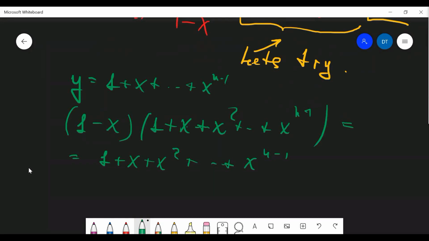When you multiply by minus x, you increase all powers by 1 and switch the sign, so you get minus x minus etc. minus x to the n minus 1 minus x to the n. You can cancel all these summands, and x to the n is 0 because x is nilpotent. As a result, you get just 1. So indeed, this expression gives you the inverse element. And we're done.